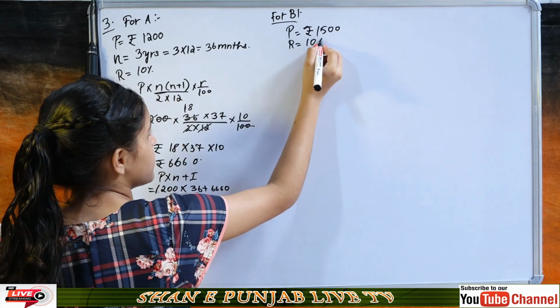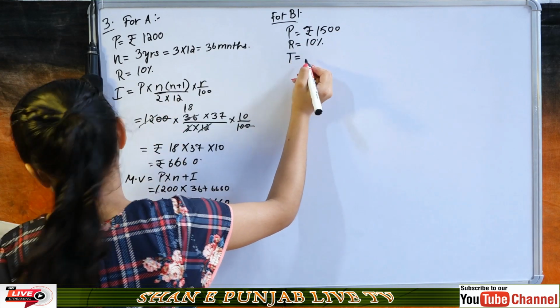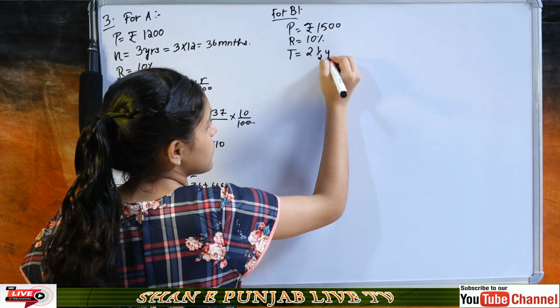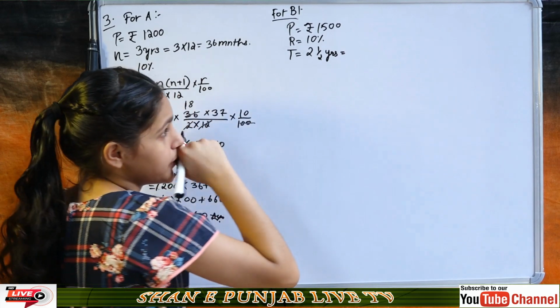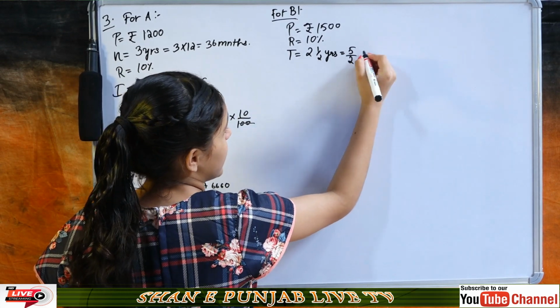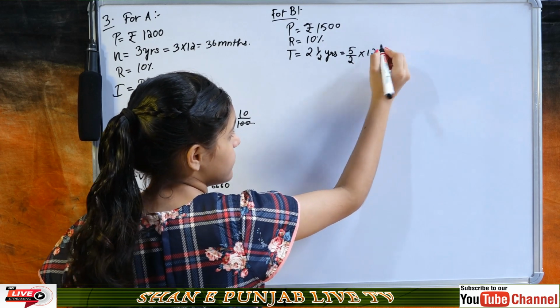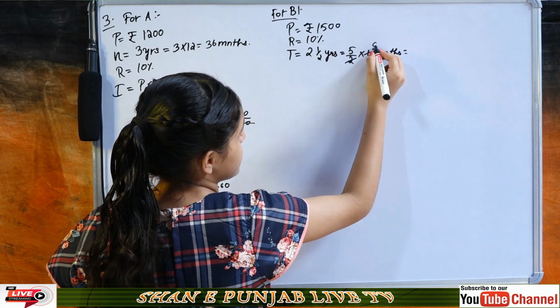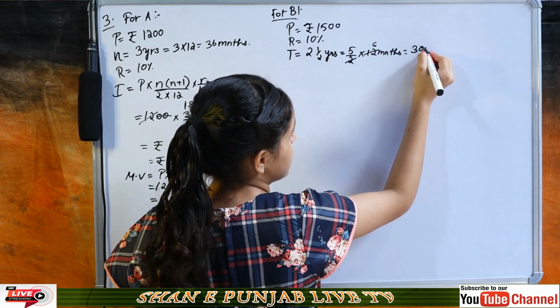Rate is same 10% and time they gave us as 2.5 years. Converted into months. Solve this mixed fraction. We get 5 by 2 into 12 for converting into months. 2 ones are 6, 5 6s are 30 months.